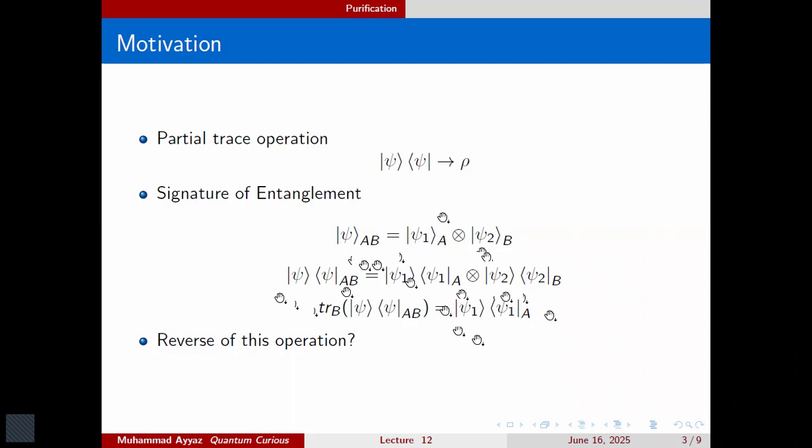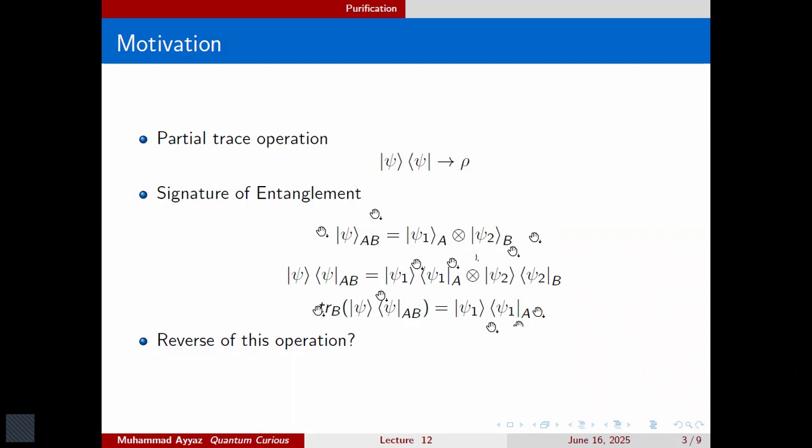So this is not a mixed state, and we see that our assumption on the larger state, that it is a product state, holds and it is not an entangled state. If we have an entangled state, then we are going to have a mixed state as the reduced state. So it is a very strong signature of entanglement if we get a reduced state that is a mixed state.